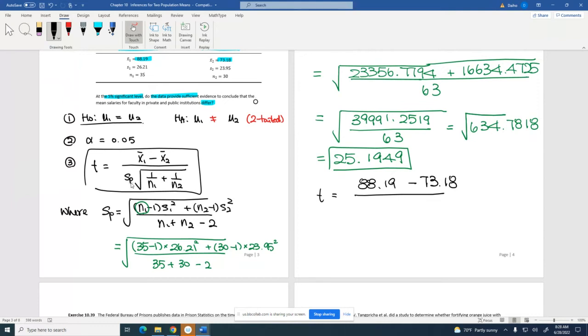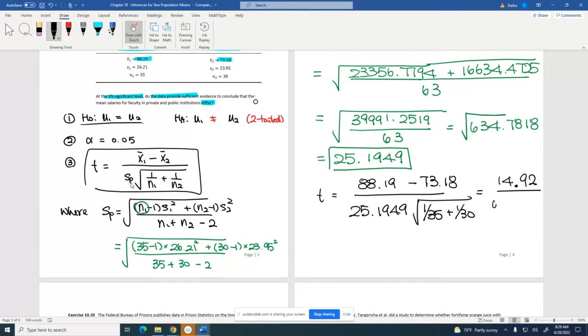And in the denominator, we plug in 25.1949 times the square root of 1 over 35 plus 1 over 30. Another long calculation. The numerator, 88.19 minus 73.18, is 14.92.